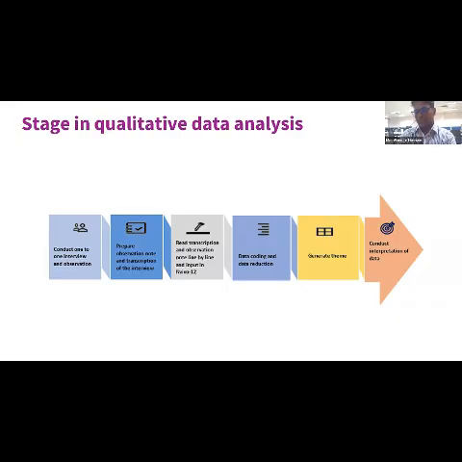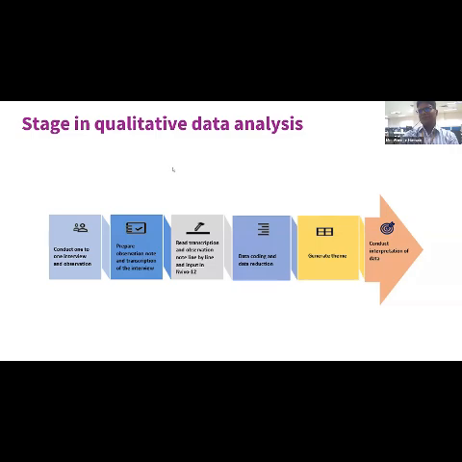If we use an in vivo or matrix table in manual data analysis, then we can code the data by reading the interviews. Based on these data codings and similar findings, we can generate themes. And based on the different themes of the data, we can interpret the data.